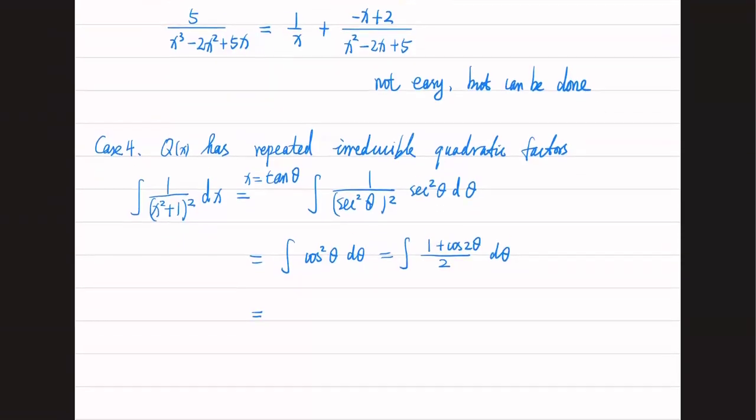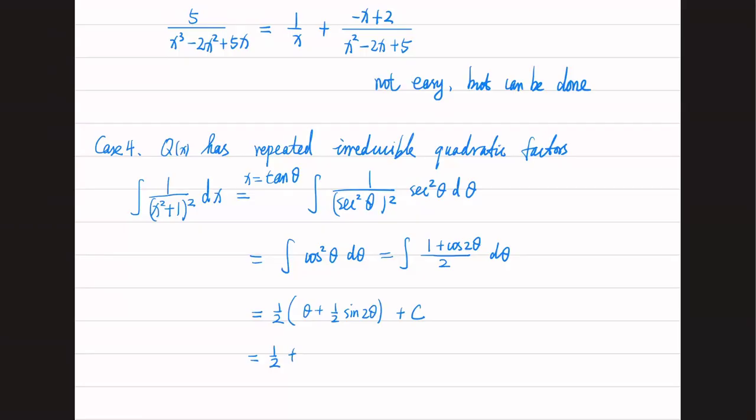So it's 1/2 theta. Integrate, fine. How do we go back to x? 1/2 theta. Theta is that easy.